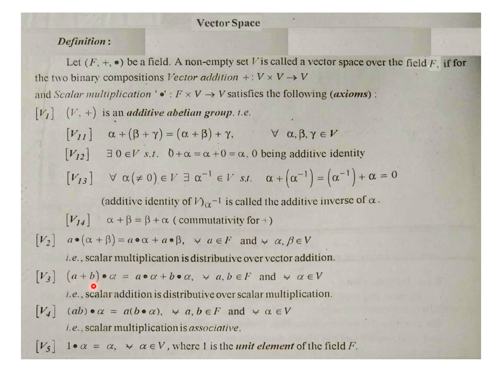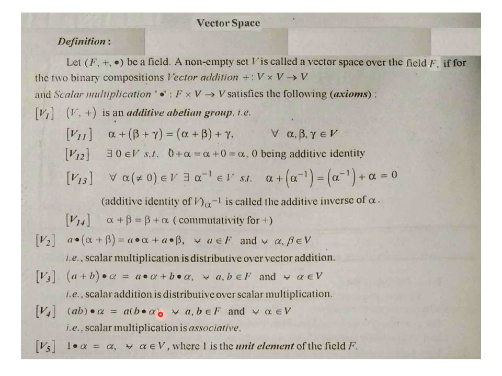So (a plus b) dot alpha must come as a dot alpha plus b dot alpha. That is V3. Then V4: a into b, our dot is obviously there, so a into b is the product of two elements of set F, then multiplied with alpha, an element of set V, must be associative like this, that is, a taken outside and b dot alpha inside.